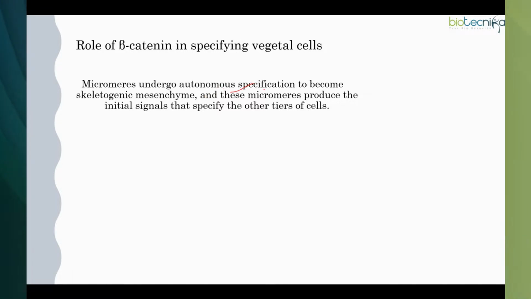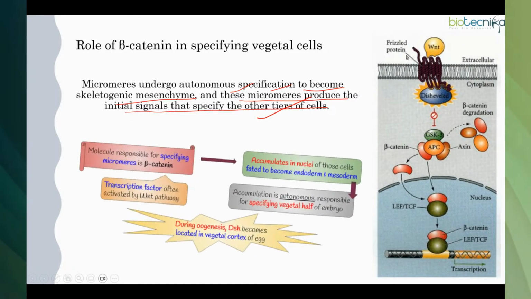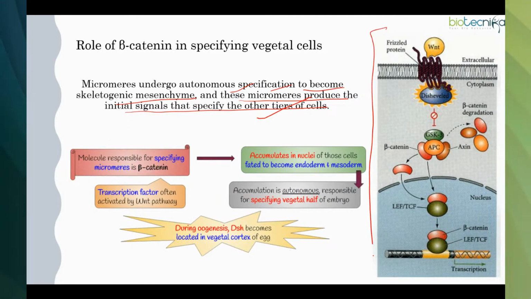Micromeres undergo autonomous specification to become skeletogenic mesenchyme, and these micromeres will produce the initial signals that specify the other tier of cells. Okay. So here you have this entire signaling process. We have the frizzled receptor. This is WNT signaling. You should know about it. The WNT ligand, when it binds to this frizzled protein, gets activated, and in turn activates another protein called disheveled.